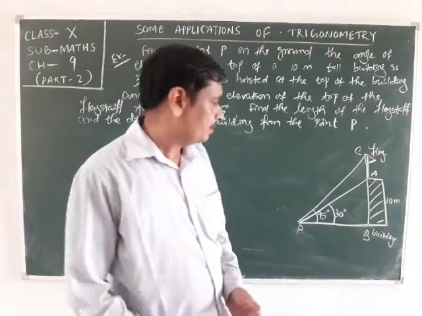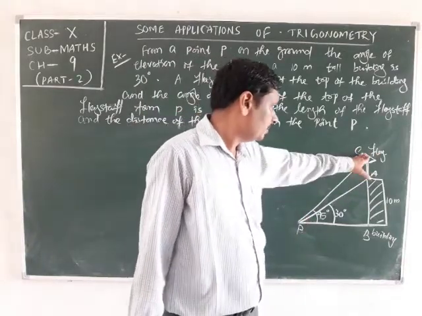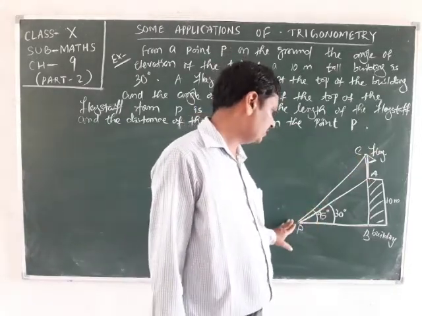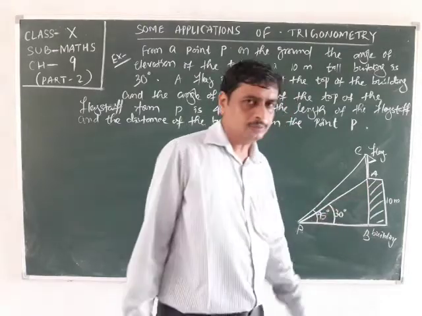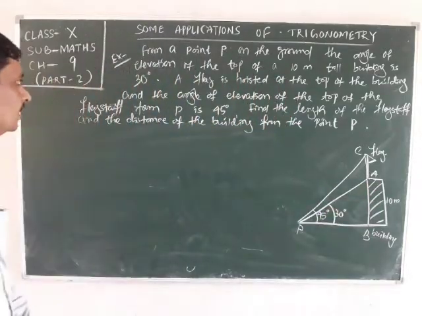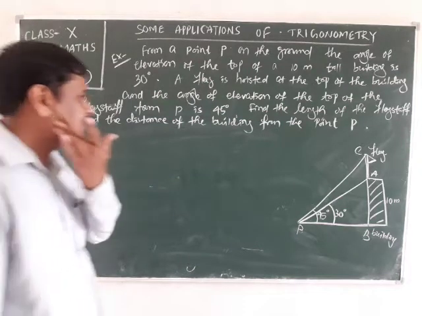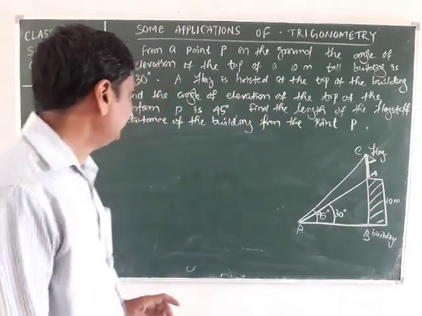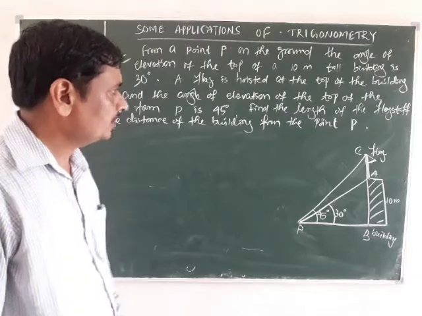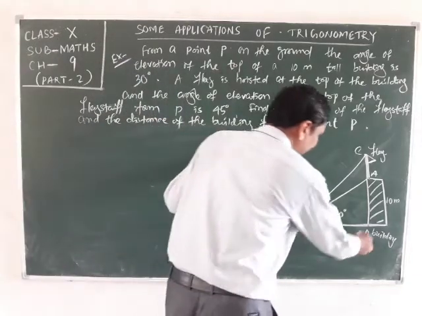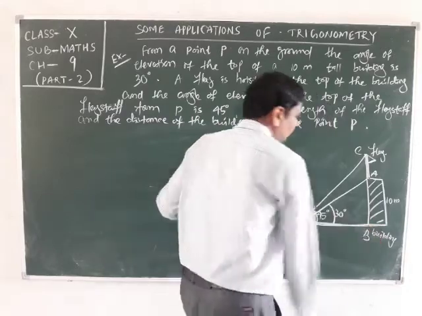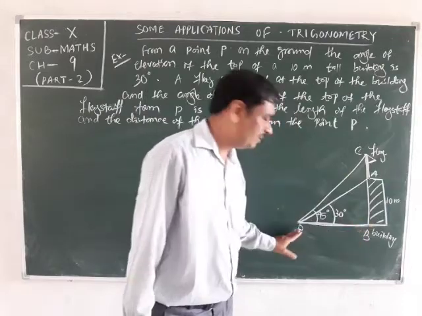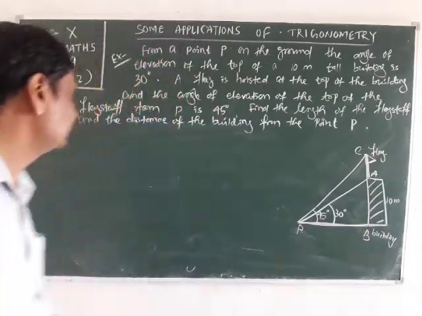It is found that the top of the flagstaff is at an angle of elevation of 45 degrees and the angle of elevation to the top of the building is 30 degrees. Now we have to find the length of the flagstaff, that means the length of AC, and also the distance of the building from the point P, that is, BP. So two things are to be found, that is AC and BP, height and distance.